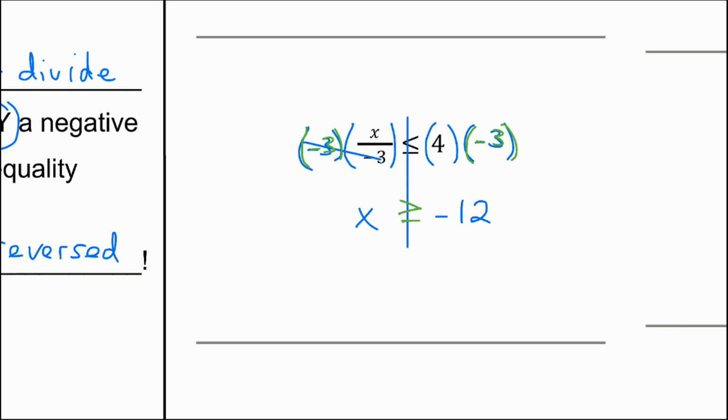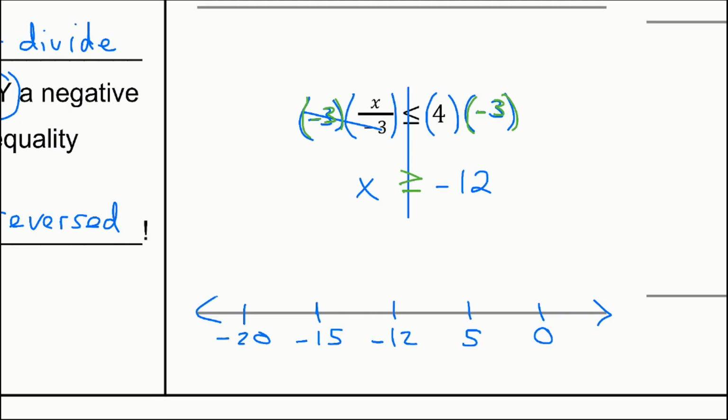Once we have the solution, we just need to graph this. Negative 12, I don't know, 5, 0, negative 15, negative 20. Those will work, okay? Since this is a greater than or equal to symbol, we are going to use a closed dot, just like that, right?